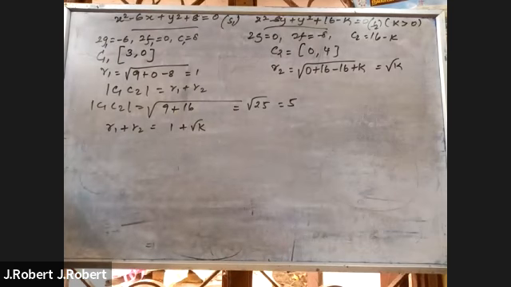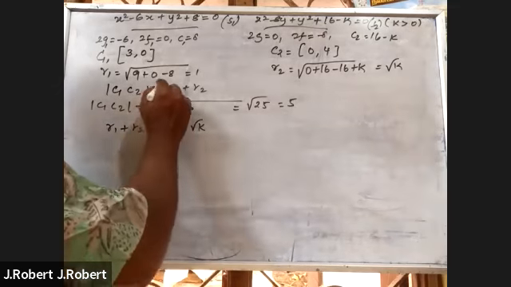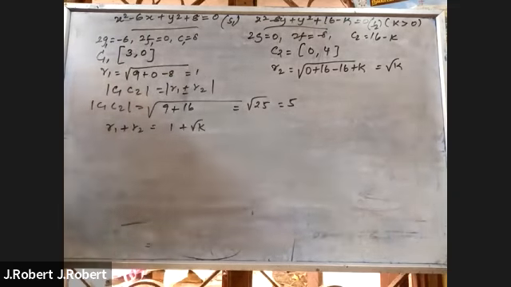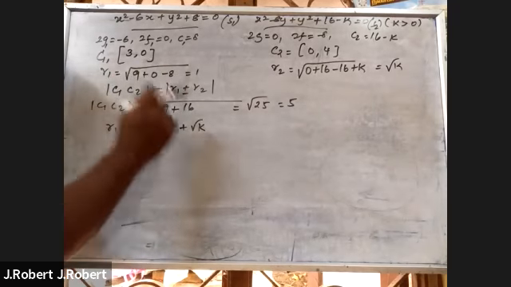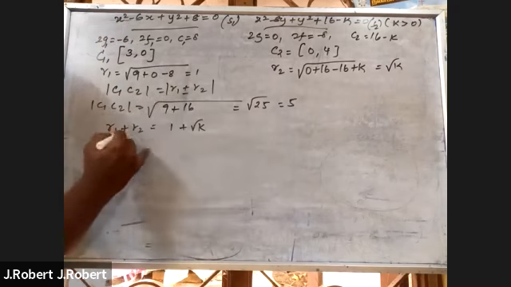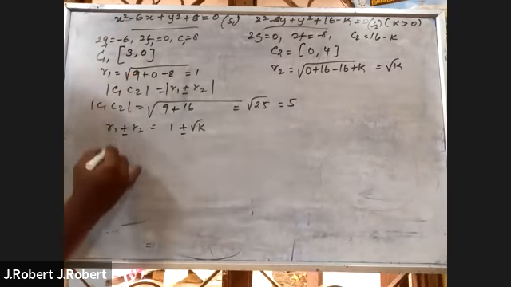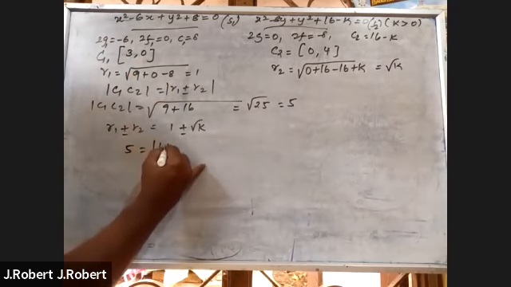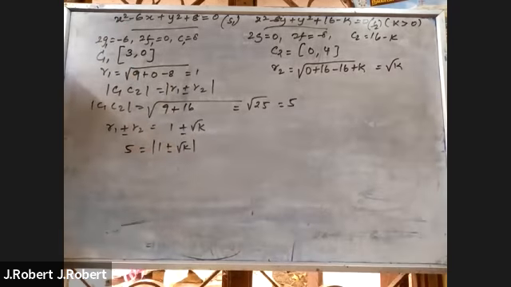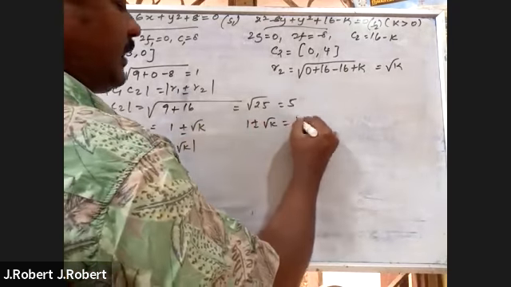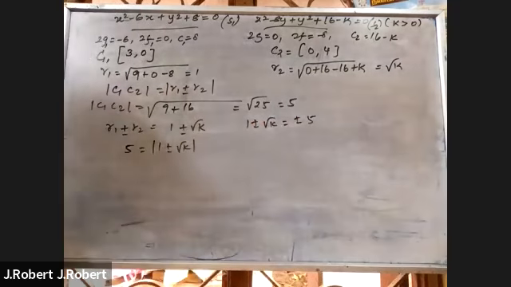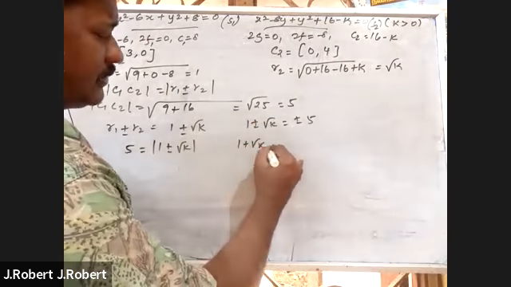Therefore, we have C1C2 is equals to... actually, generally, how did we do this? This can be plus or it can be minus. R1 plus R2 is 1 plus or minus root k. So 5 is equals to 1 plus or minus root k. Since it is a modulus, this can be plus 5 or minus 5. So 1 plus or minus root k equals plus or minus 5. When we take 1 plus root k as positive, we take it as plus 5.